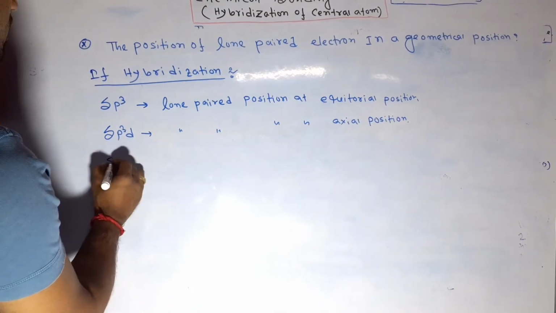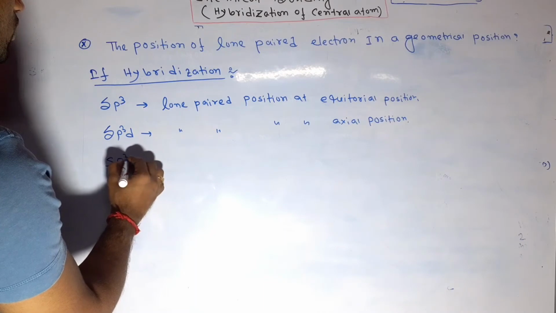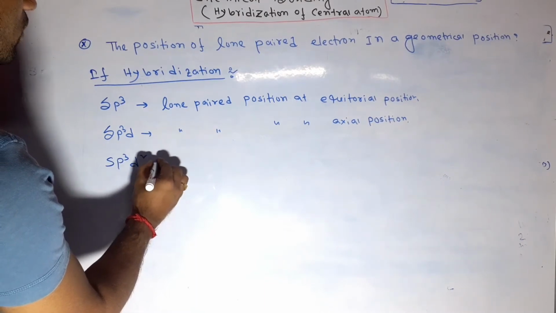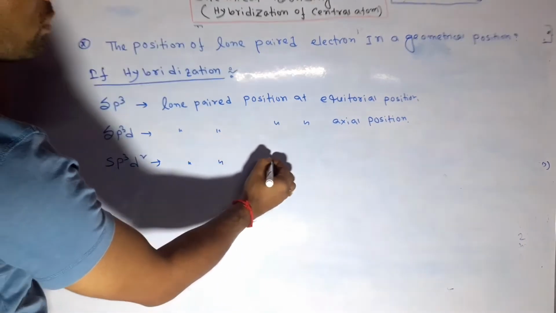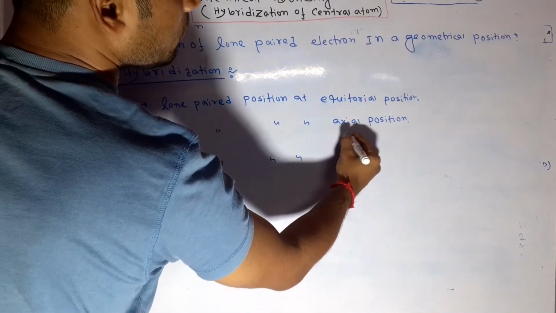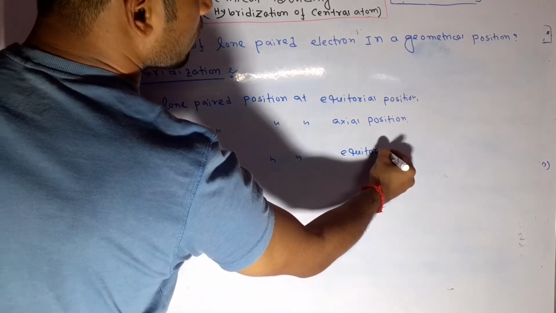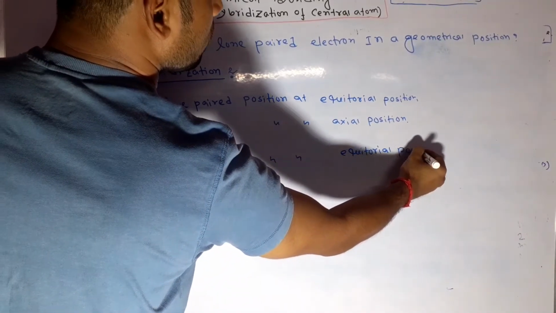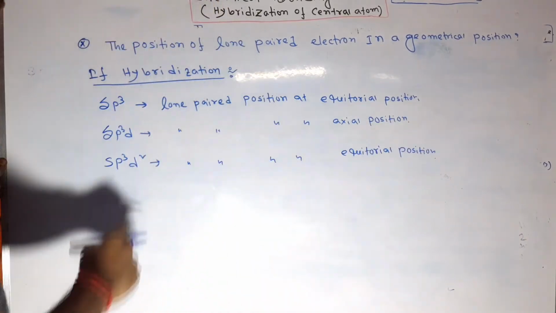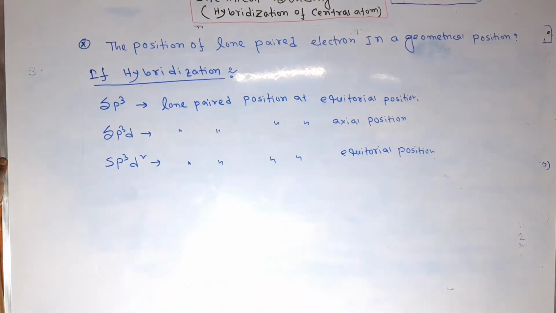So if the hybridization is sp3, the lone pair always sits at the equatorial position, and for sp3d hybridization, the lone pair always occupies the axial position.